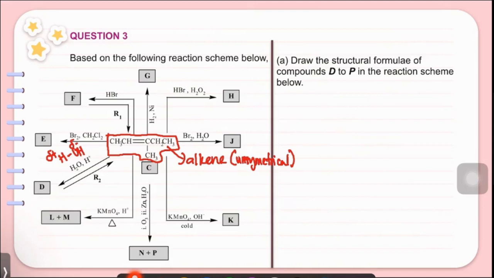Okay, so the region more electropositive, H, will attach to the C double bond C that has a greater number of hydrogen. So in this case, H will attach to the number 2C. Okay, so ini disebabkan apa? Disebabkan alkene unsymmetrical. Jadi kita terpaksa follow rule Markovnikov.